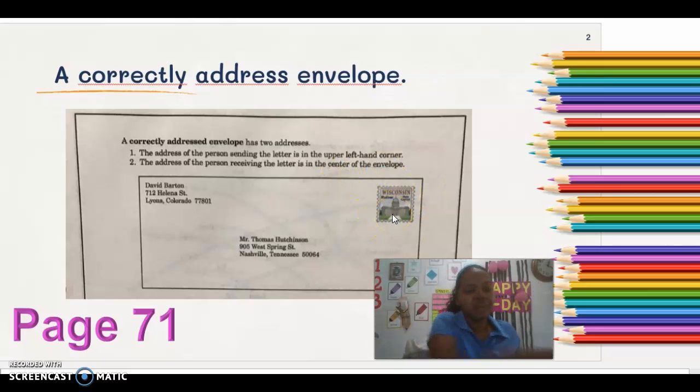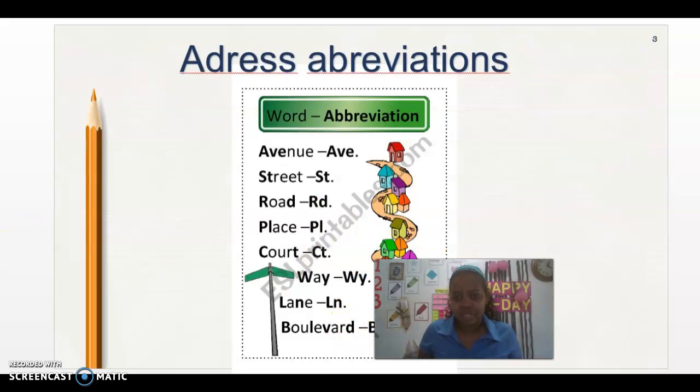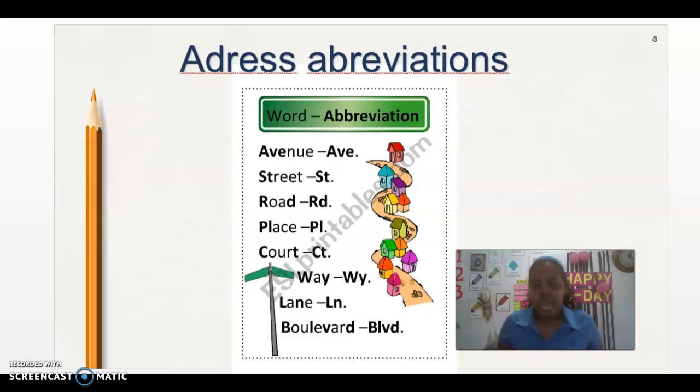Before we work on page 71, please write the date in your notebook. Copy today's date in your notebook first. After you finish copying the date, you're going to copy some address abbreviations.